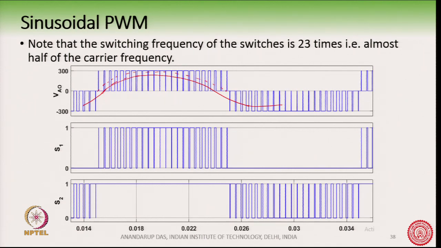So, for this condition you can see that S1 has both switching and conduction taking place during this time, whereas S2 has only conduction losses. It is fully turned on, so S2 has only conduction losses, whereas S1 has both conduction and switching losses. So, this is going to create more losses in S1 as compared to S2.